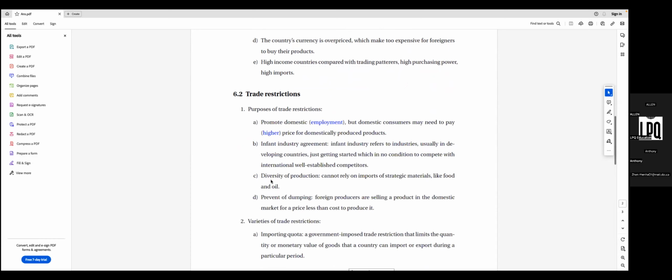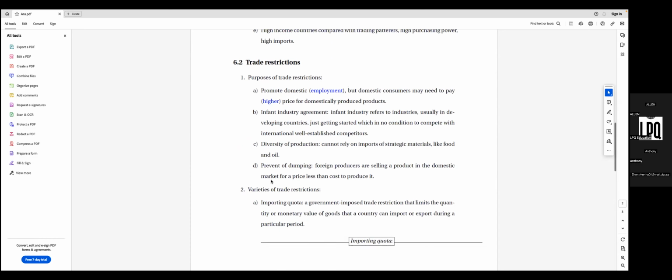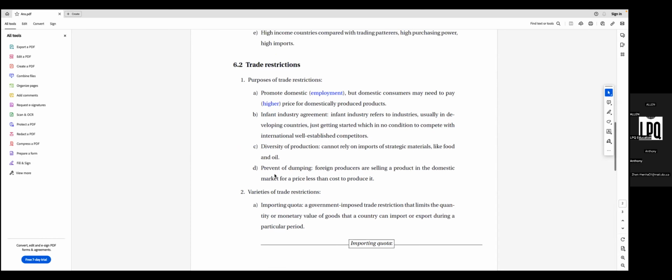So the last part of notes number 6 is you need to know two different types of trade restrictions. Previously, I said Americans actually is a trade deficit country. A lot of American companies, a lot of American brands like Tesla, like Nike, like Apple, actually physically assemble or produce their products in China.